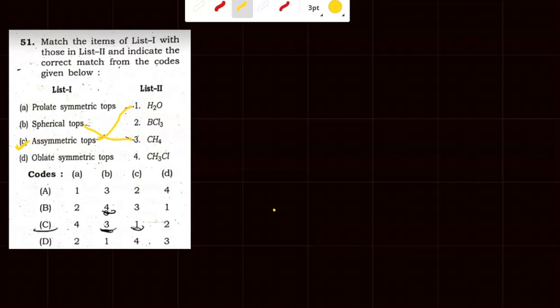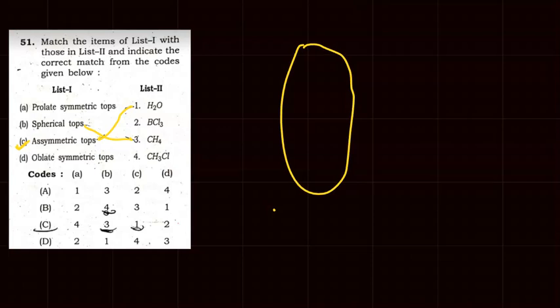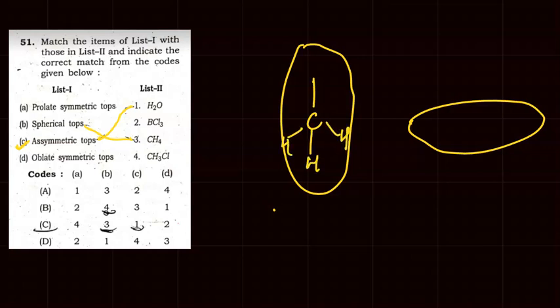When we talk about prolate symmetric tops, we have to remember that when we talk about a prolate ellipsoid, it looks like this, and when we talk about an oblate ellipsoid, it looks like this. So remember that the molecule which looks like this will belong to prolate symmetric tops, and the molecule which looks like this will belong to oblate symmetric top. If I draw the molecule, CH3Cl will belong to prolate symmetric top because the molecule will look like this, right.